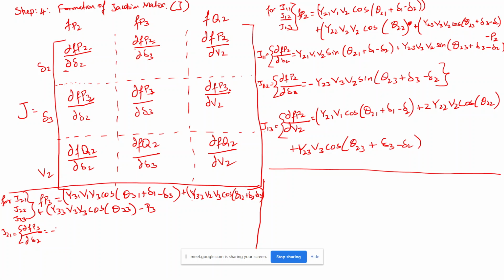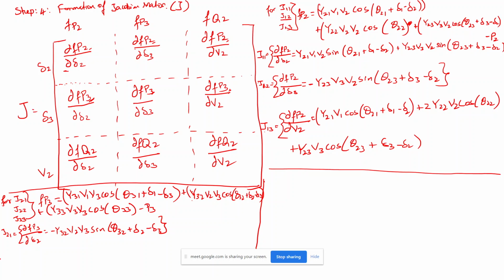So Y32 V2 V3 sine theta 32 plus del 2 minus del 3. And in the third component also there is no delta 2, so I will get only this value for J21. Am I right?